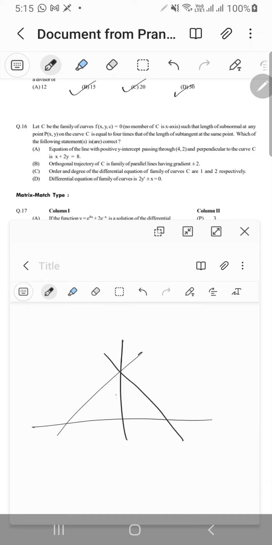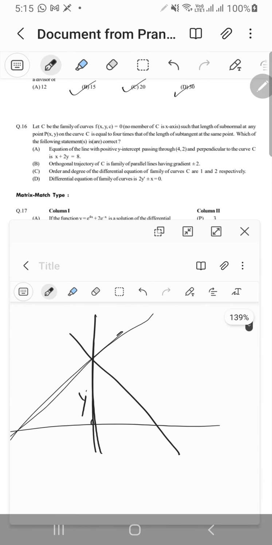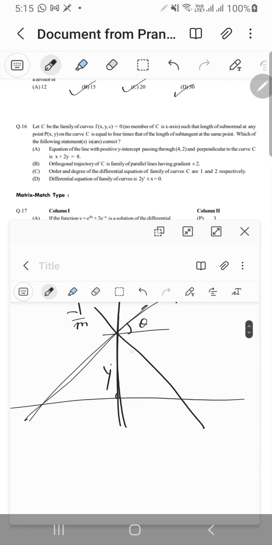This is our sum length y. Okay, we know that, like, this is our normal and this is our tangent, for example. So this has slope m, this is slope of minus 1 upon m. So if this angle is theta, say, then this angle would be theta, and this angle would be 90 minus theta, and then this angle will be theta.